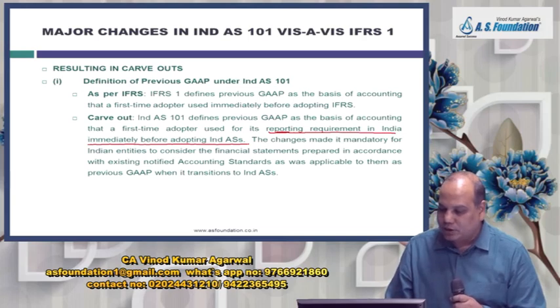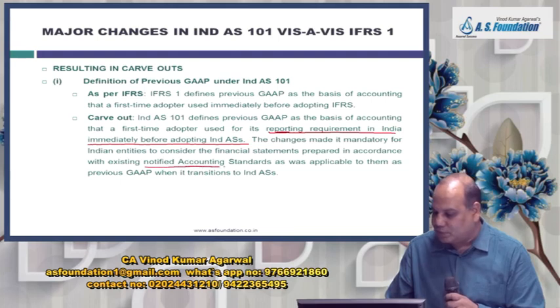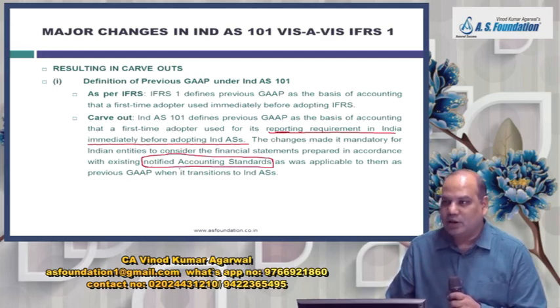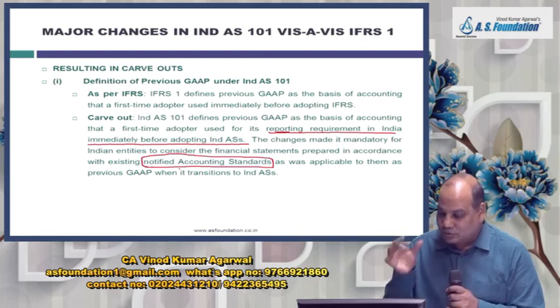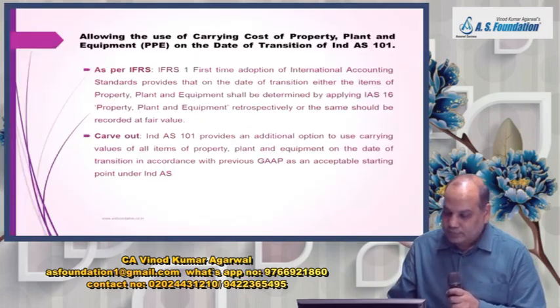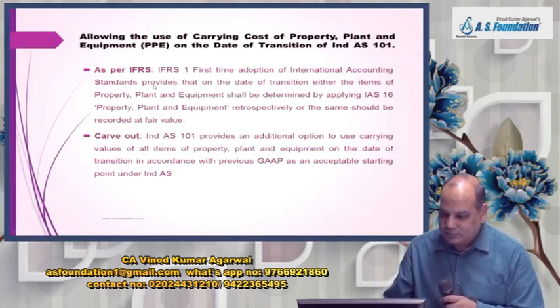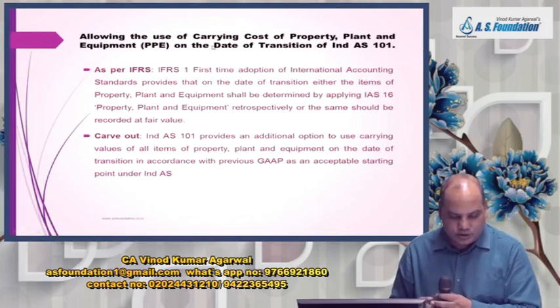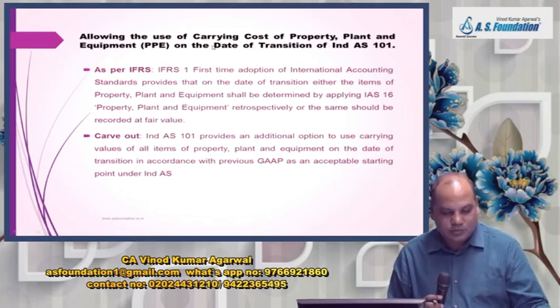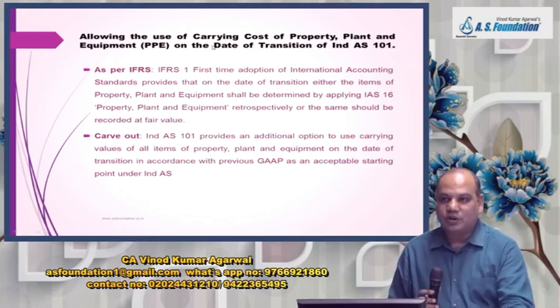The changes made it mandatory for Indian entities to consider the financial statements prepared in accordance with existing notified standards. So basically in India the previous GAAP was notified accounting standards which all entities in India having business, commercial, industrial activity will have to follow. The reason I am not reading, you read as homework, because we were subject to the Companies Act.